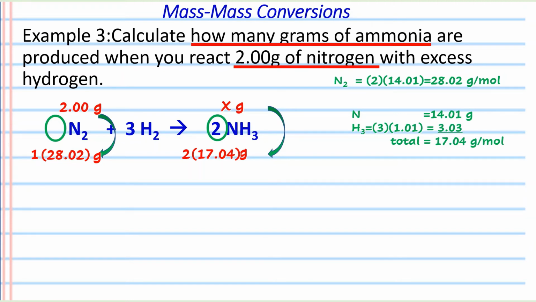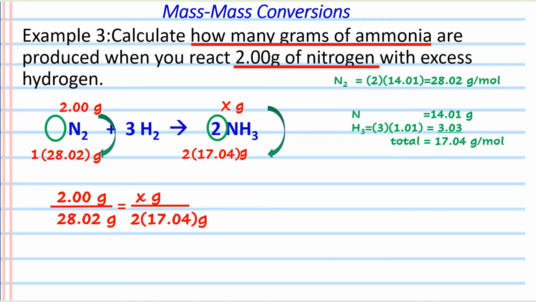So now we're going to take our numbers, the numerators over the denominators, and set them equal to each other. So we have 2.00 over 28.02 set equal to x over 2 times 17.04. We're going to need to cross multiply.